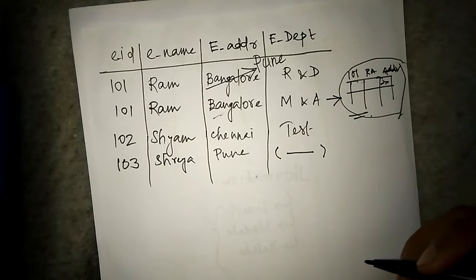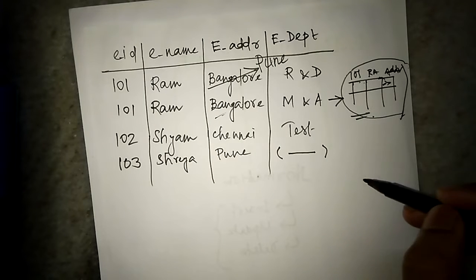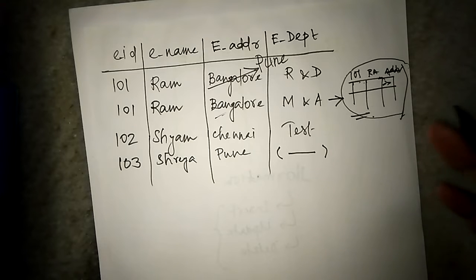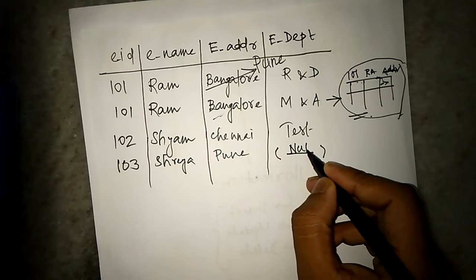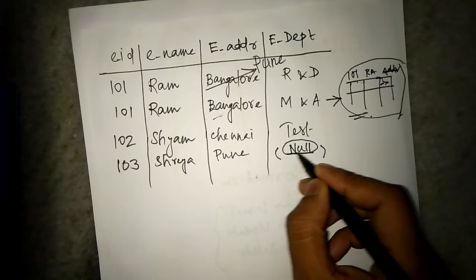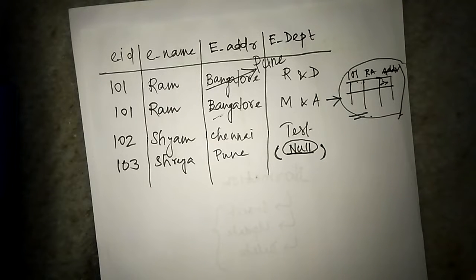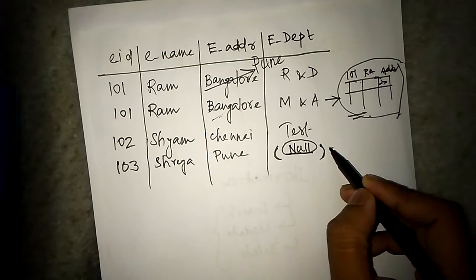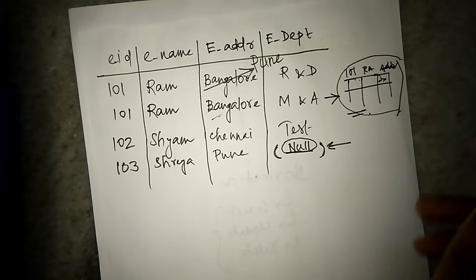But you know that giving every tuple a null is not a viable option. You can think that you can give a null here, but this is not viable. It will take some space and memory, and lots of problems will arise. So this is also a problem, and this is called insert anomaly.